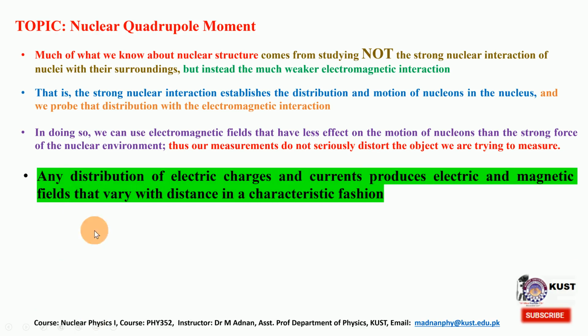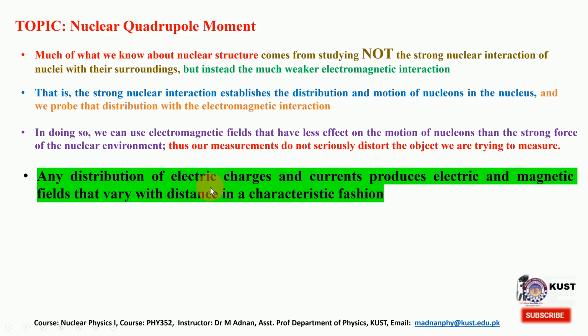And we have also discussed that generally in electromagnetic theory you learn that any distribution of electric charges and currents produces electric and magnetic fields that vary with distance in a characteristic fashion. In the last lecture 14, we discussed the current distribution, or we can say the motion of charges that gives rise to magnetic moment, with respect to the nucleus.